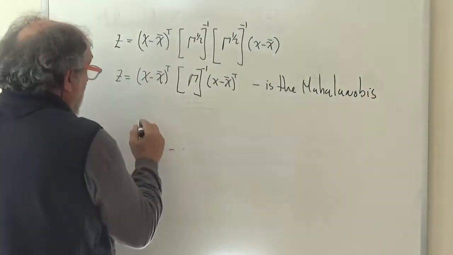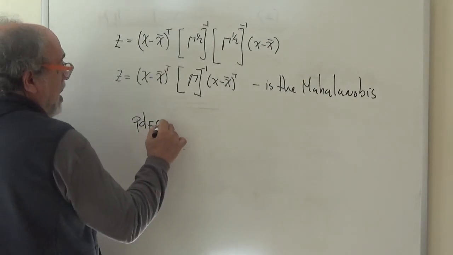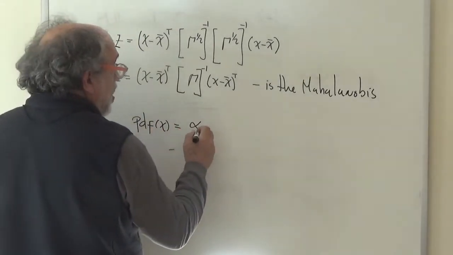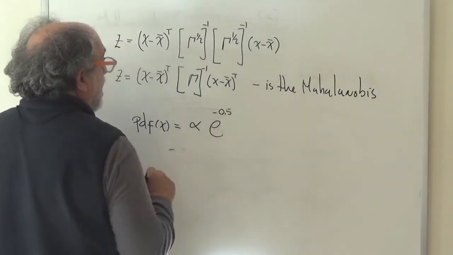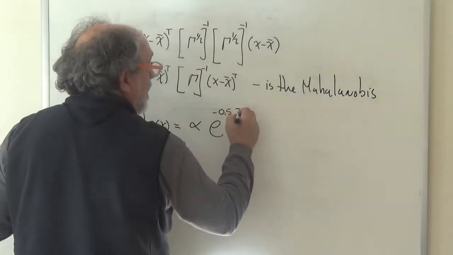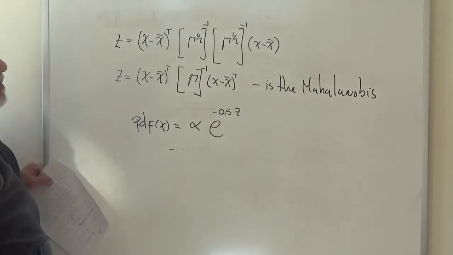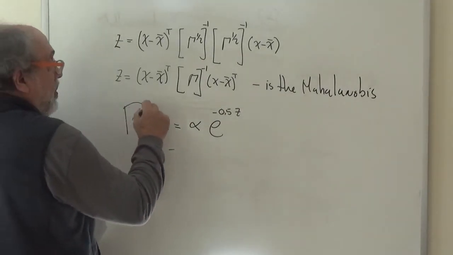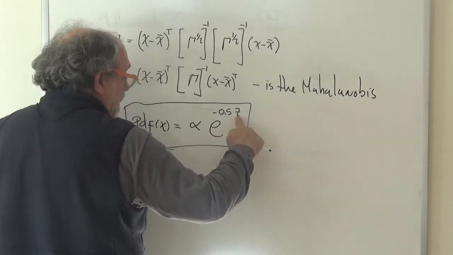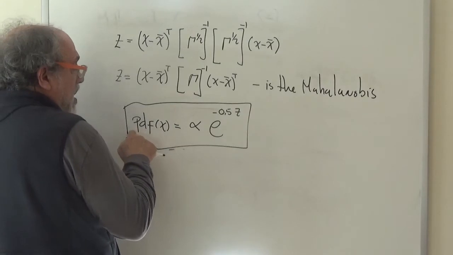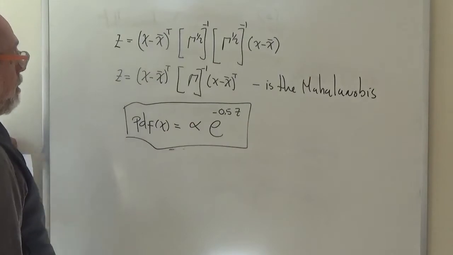That is, if you want to write a PDF of the multivariate Gaussian, you could say that it is a constant alpha multiplied by e to the -0.5 times z, right? That z is the Mahalanobis distance. So that's clearly the role of the Mahalanobis distance, right? It just becomes the number here in the distribution of the, not likelihood, but the probability density function of a vector x.